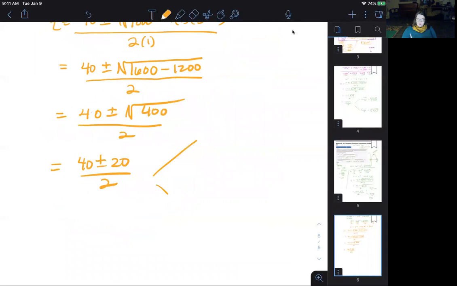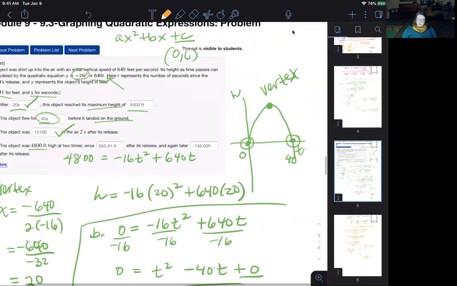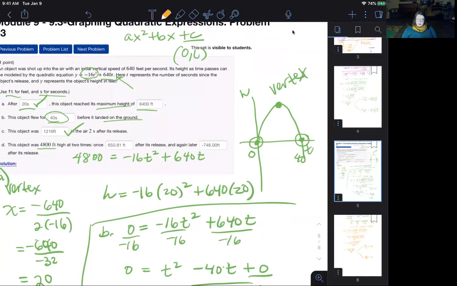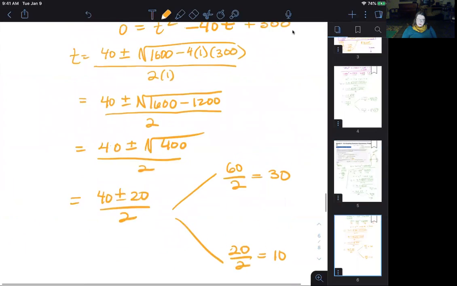And those two different solutions would be 60 over 2 if we add them. So that's 30. And then if we subtract them, it's 20 over 2, which is 10. So your two answers here should be, the object was at 10 seconds, and then later at, what did we say it was? 30 seconds.